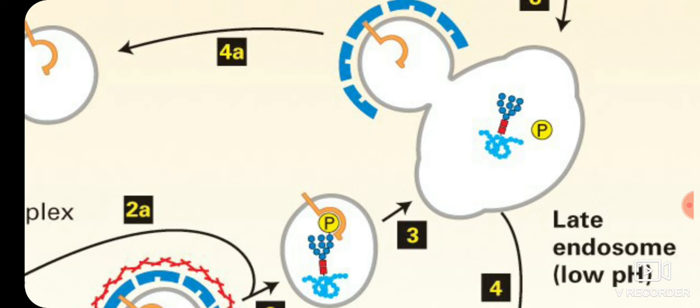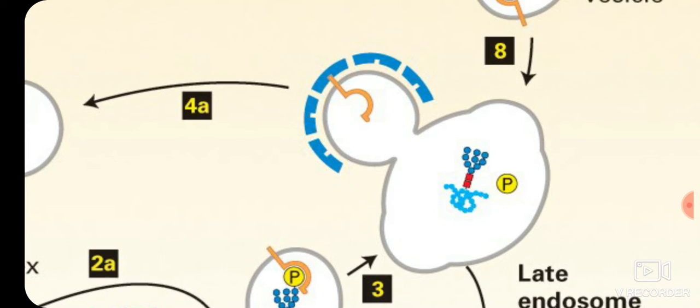So that forms a late endosome where low pH is present, and because of the reduced pH, the acidic condition reduces the affinity, or in other words releases the interaction between the mannose 6 phosphate bearing hydrolase and the receptor. Followed by that, the phosphate is also hydrolyzed and this particular hydrolase is released free into the medium.